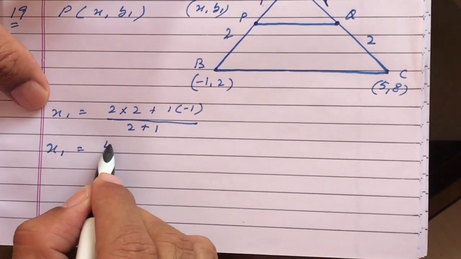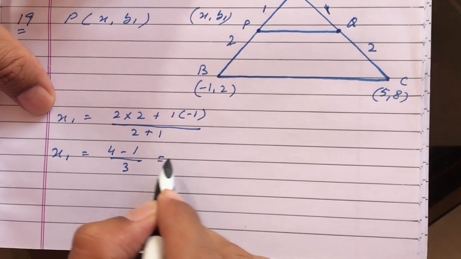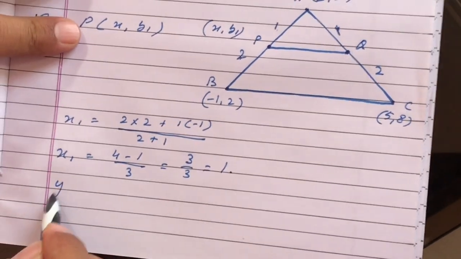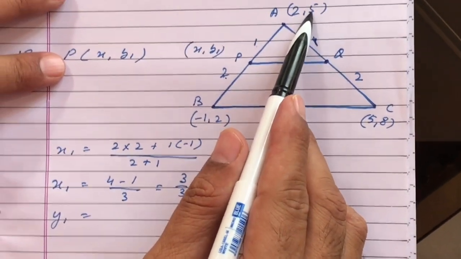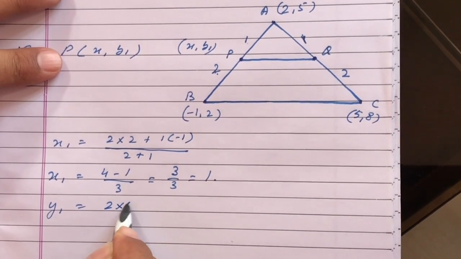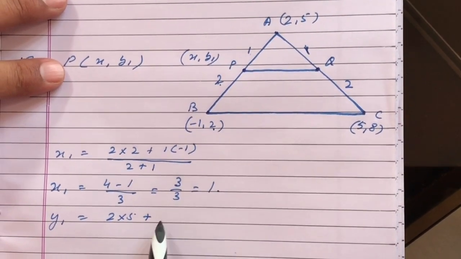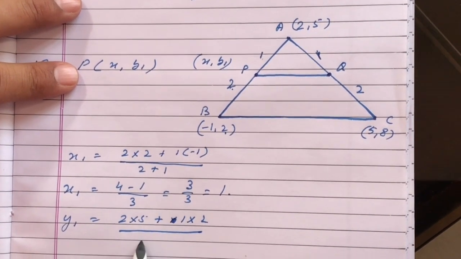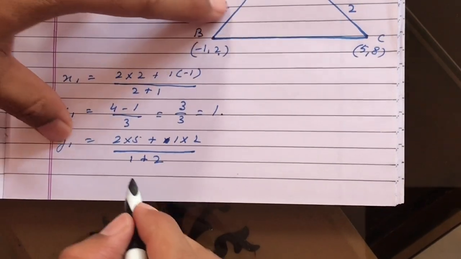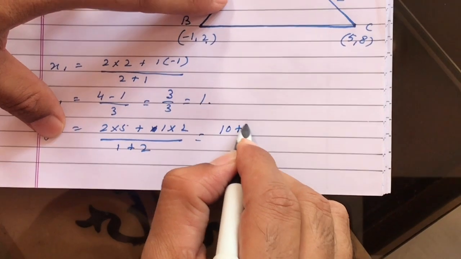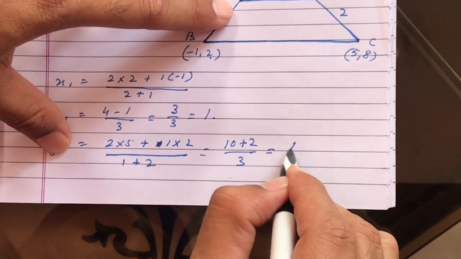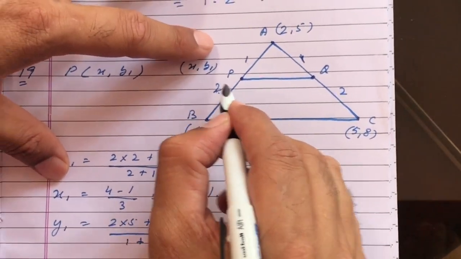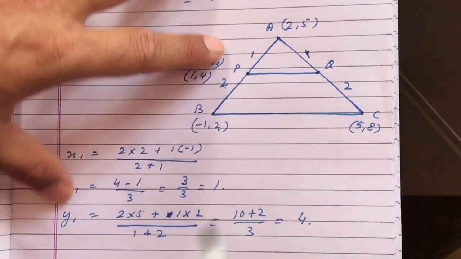So x1 is (4 - 1) upon 3, 3 upon 3, 1. y1 is (m2 y1 + m1 y2) upon (m1 + m2), that is (2 into 5 + 1 into 2) upon 3, (10 + 2) upon 3, 12 upon 3, 4. So the coordinates of P are (1, 4).